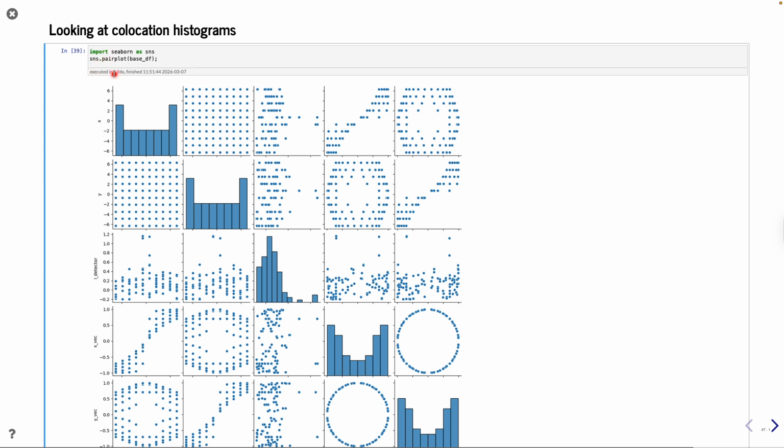the Seaborn package. So it's a plotting package that you can use, where you just put in a table and it plots all combinations with each other. And well, the first two are pretty boring actually, because it's x and y coordinates, so they should map just like a gridded matrix.